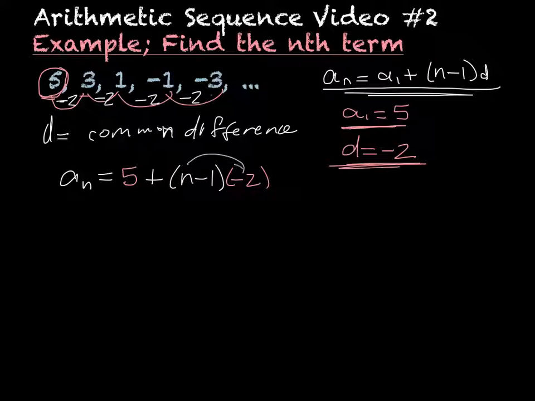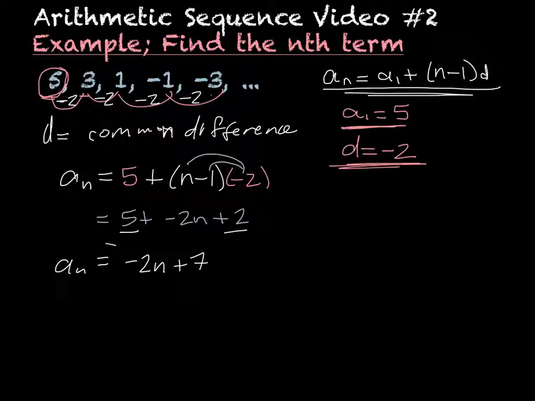I'm going to distribute, and I have 5 plus -2 times n is -2n. -2 times -1 is a plus 2. So I simplify by putting my 5 and my 2 together, giving me -2n plus 7. So a sub n equals -2n plus 7. And that is your final answer for the nth term of the sequence.